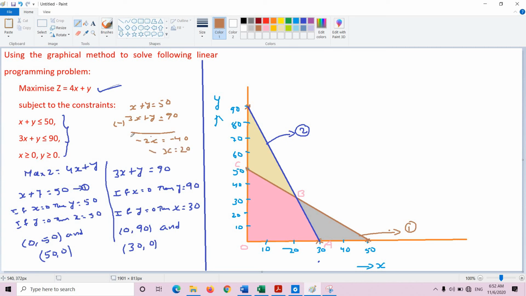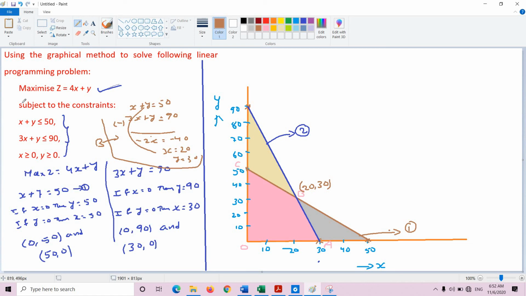If x equal to 20 in this equation, then y equal to 30. That means the point B is 20 comma 30. It is intersecting at 20 comma 30. When you solve these two equations, you get the intersecting point. These two lines are intersecting at this point.